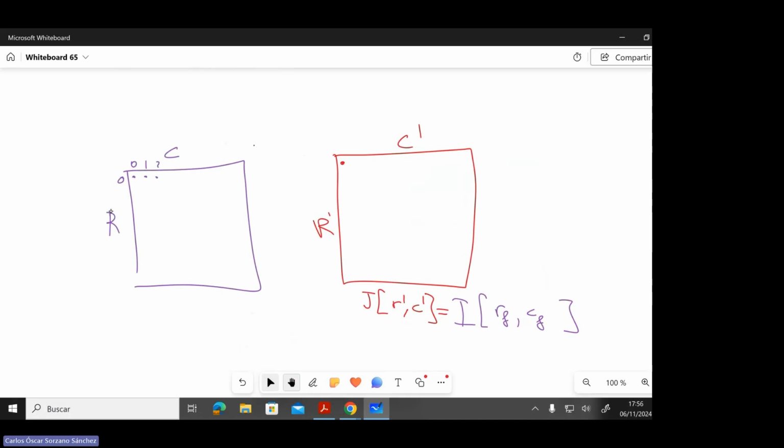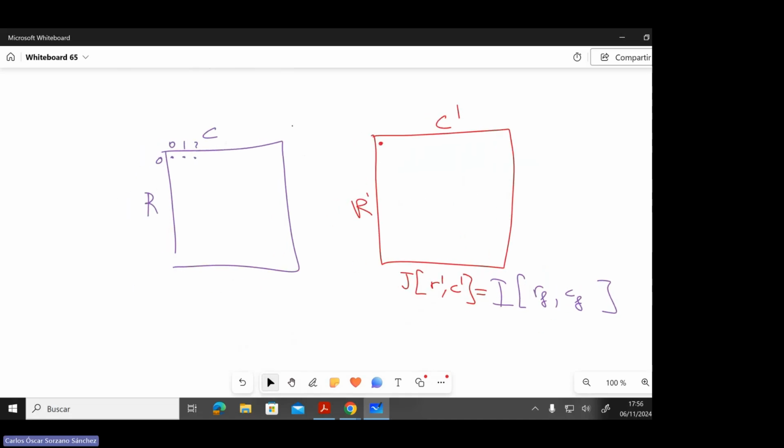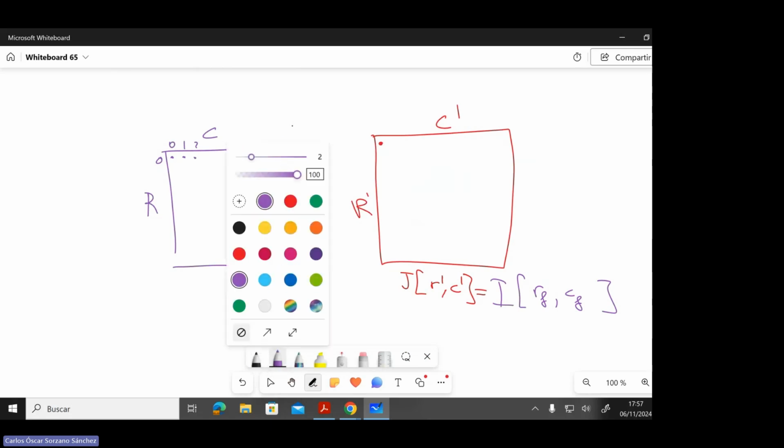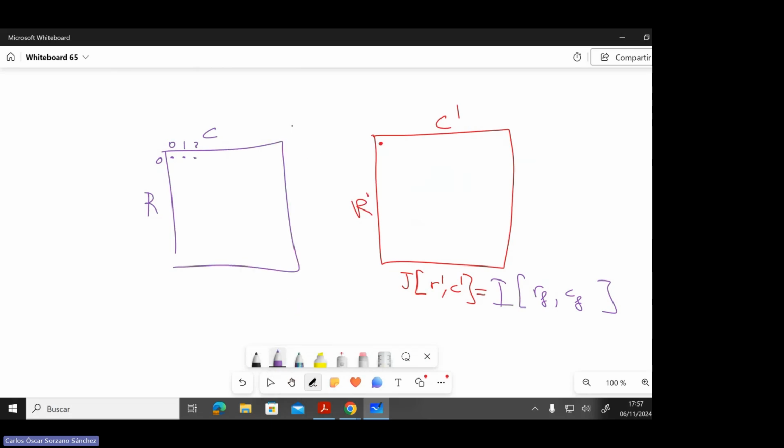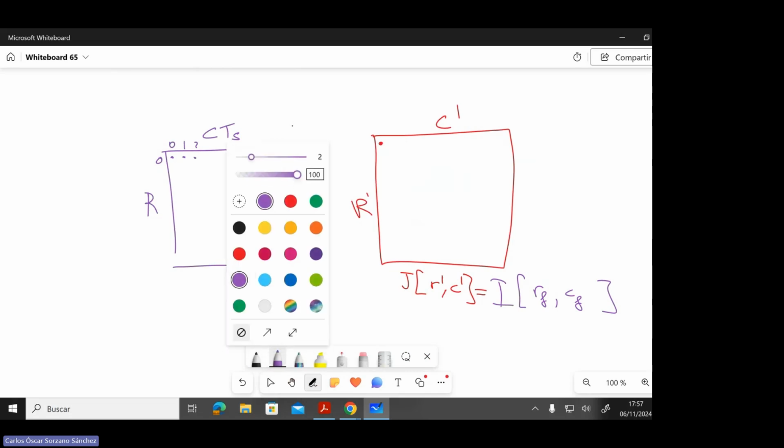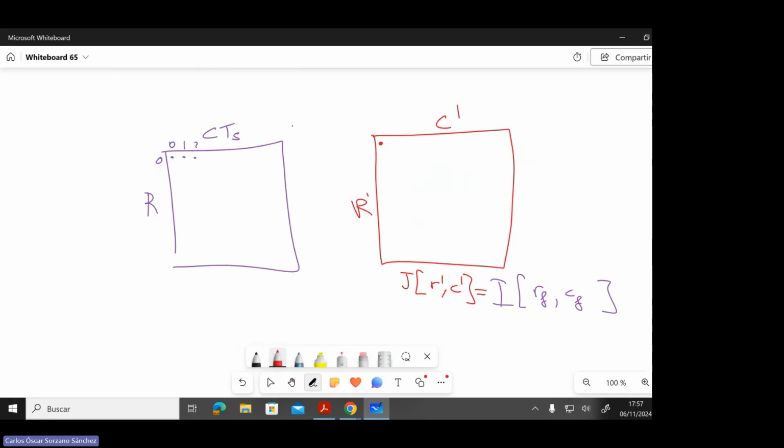So let's think which is the length of this side. The length in the original analog image, so in the continuous image, this length is C times S. And here it will be C prime times S prime.